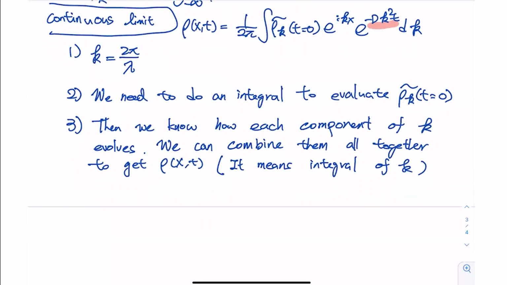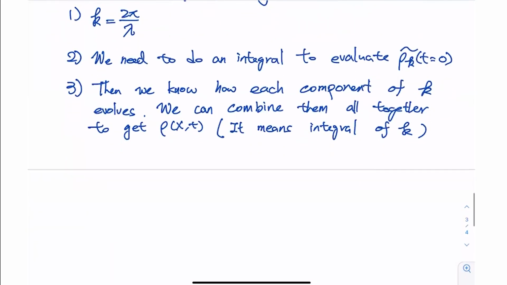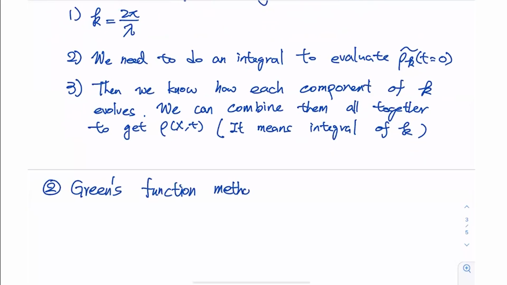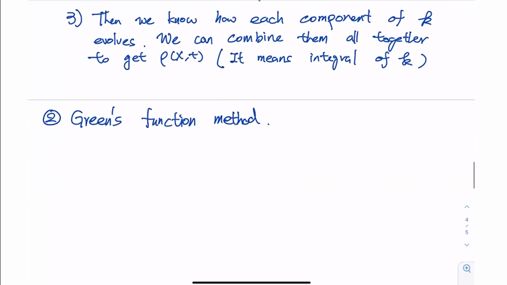Okay, so we can ask a question: are there other ways to solve our problem in a more efficient way? And that's the second method, which is basically the Green's function method. And I'll try to compare that with our previous method, so that you know why we need to learn that.